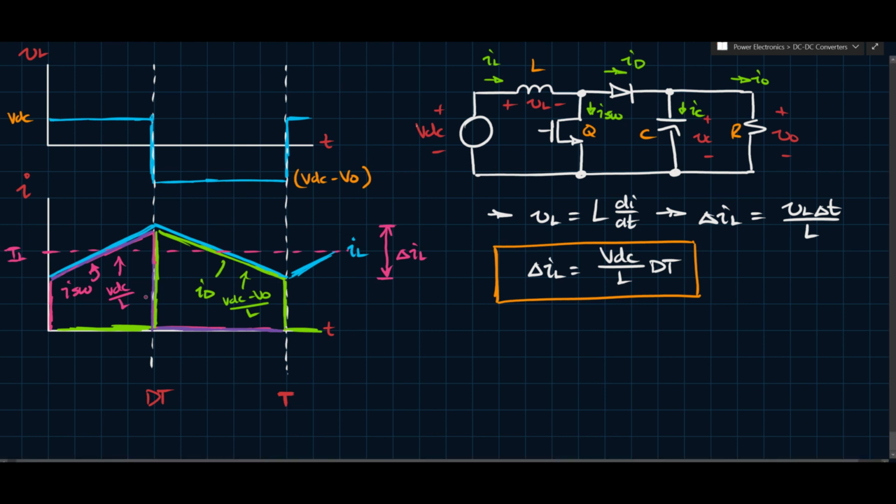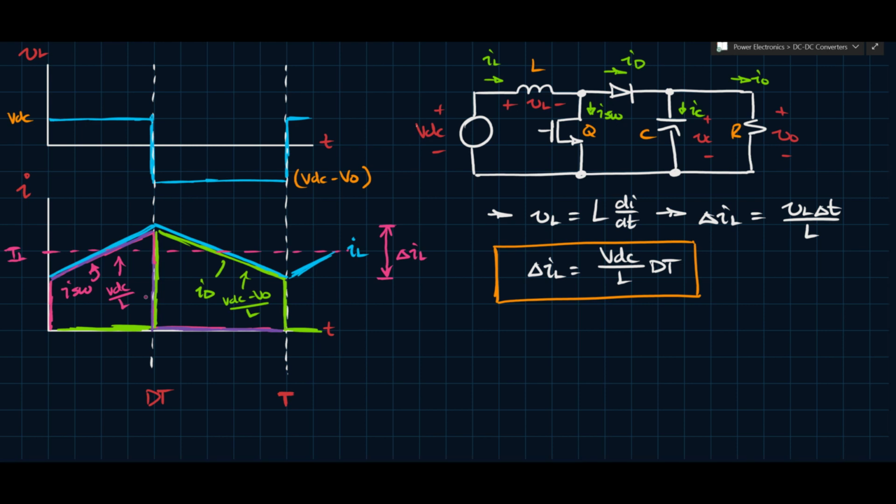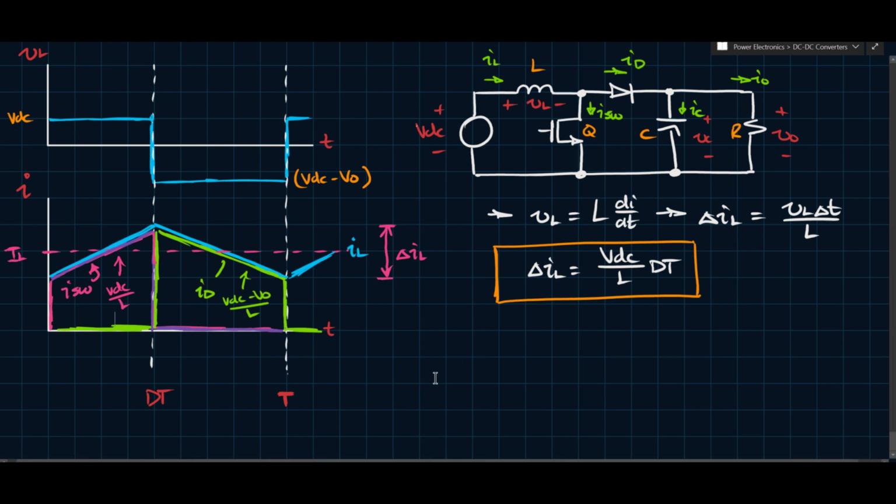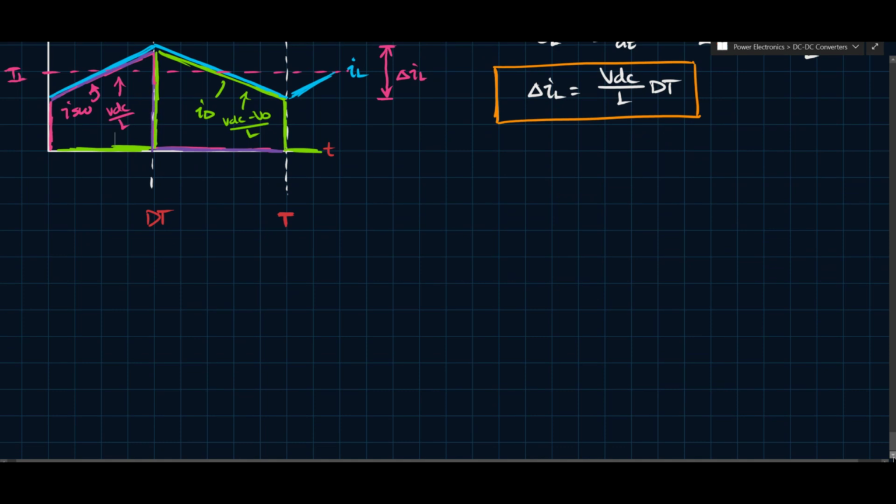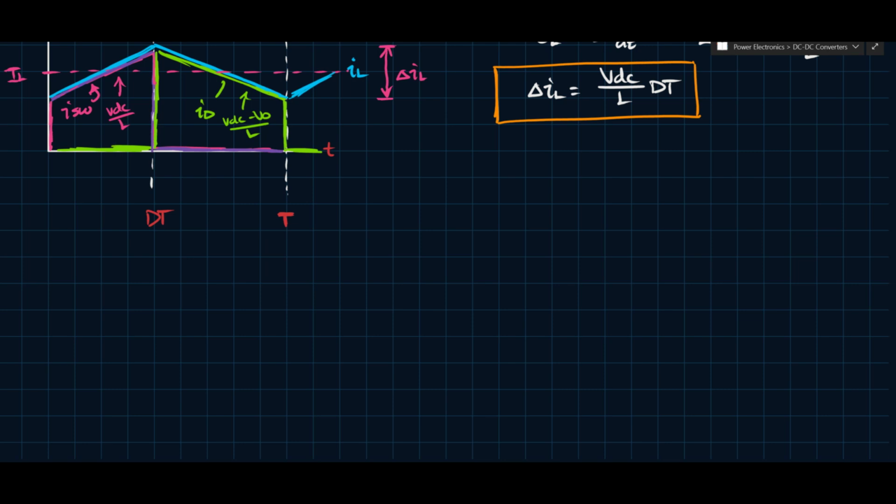So that's useful to us. Then we know that ID will have this type of waveform, and we can analyze the capacitor voltage to determine the capacitor voltage ripple, or how we can write the capacitor voltage ripple in terms of the circuit parameters.